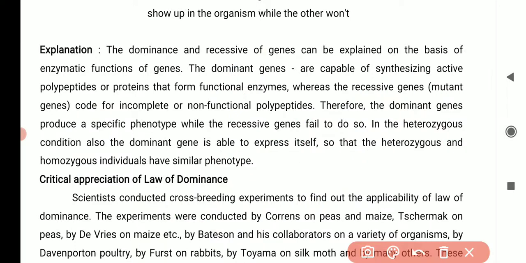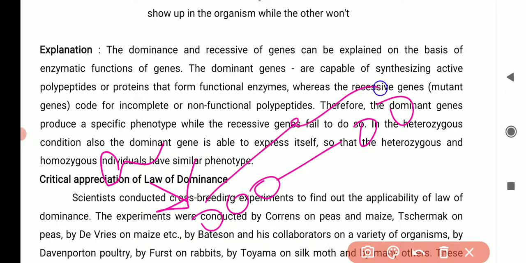While the recessive gene, when it goes under transcription and translation, all those you will do with Ms. Dihun, when it undergoes that and produces the polypeptide, something is wrong with this polypeptide. That is not able to give you the color white. Something fails here. That's why it's recessive.